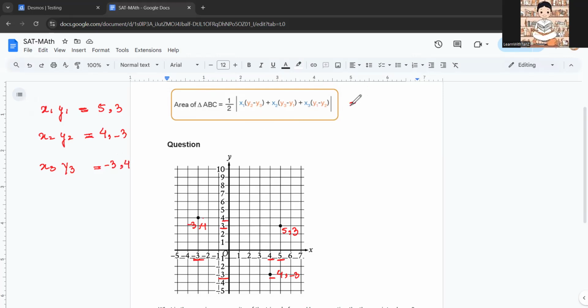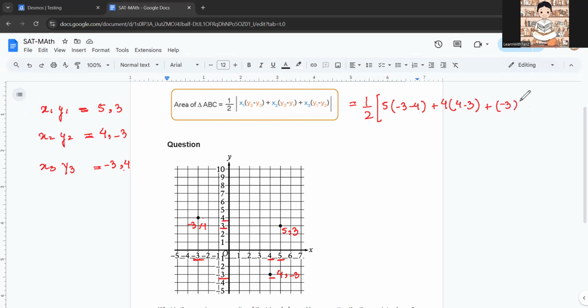Apply the formula. We have half of, let's take x1, 5, times y2 minus y3, so negative 3 minus 4, plus x2 which is 4, times y3 minus y1, so 4 minus 3, and plus x3, which is negative 3.